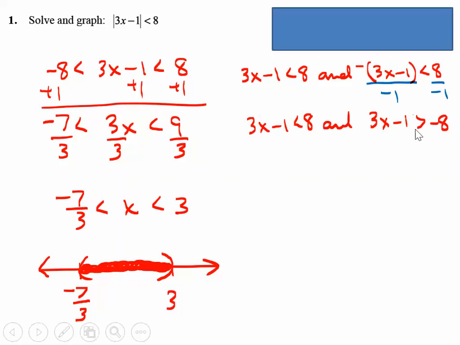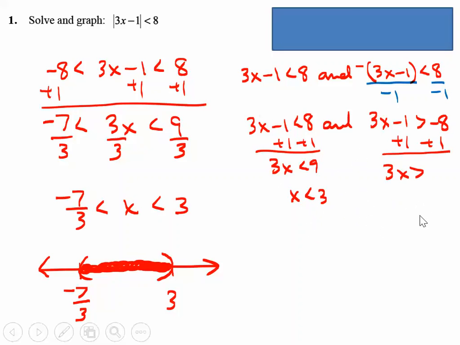Notice that little inequality switching right here. That's important. Okay, let's keep going. So +1 +1, there's my 9. Divide by 3, there's my 3. Add 1 over here, add 1 over here, there's my -7. Divide by 3, and there's what I got here.